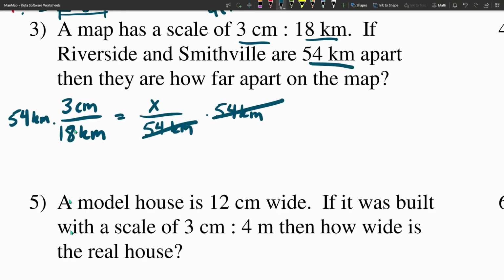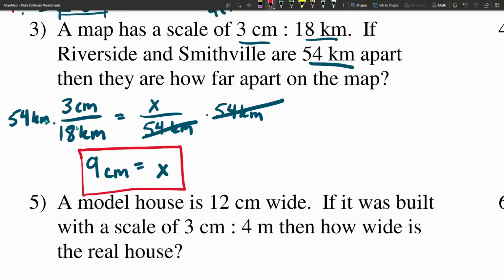So we're going to have 3 times 3 centimeters, which is going to be 9 centimeters as our distance they are apart on the map. And a quick note, if you're carrying your units through your problem, notice how kilometers cancels out with kilometers, and all we're left with is centimeters. So we know that x is going to be centimeters. Let's move on to number 4.